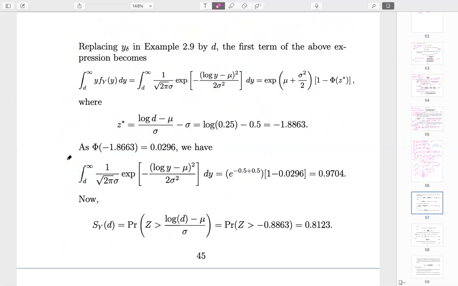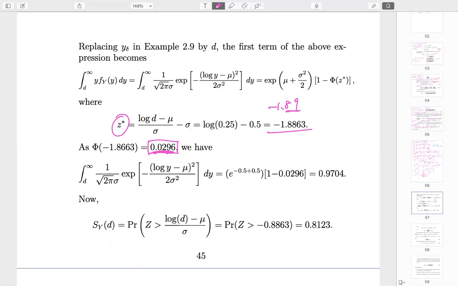Once you get there, you can easily calculate this z star, which is about negative 1.88. You can plug it into your normal table. I think it only goes to 2 digits, so you may want to approximate to the closest one. If you want, you can do linear interpolation, right?